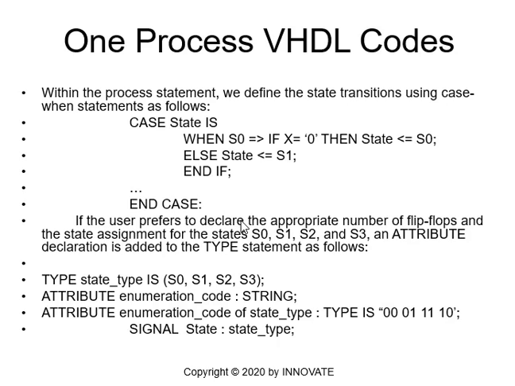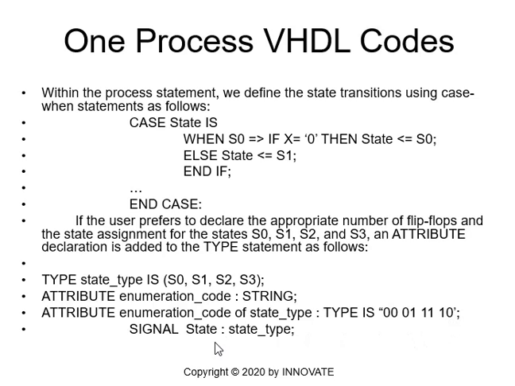If we prefer to declare the appropriate number of flip-flops and the state assignment for the states S0, S1, S2 to Sn, an attribute declaration is used. We do it this way. State type is S0, S1, S2, S3, attribute enumeration code string. Enumeration code of state type is "00011110", closed with a double quote.